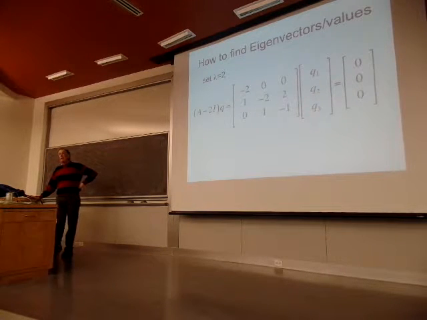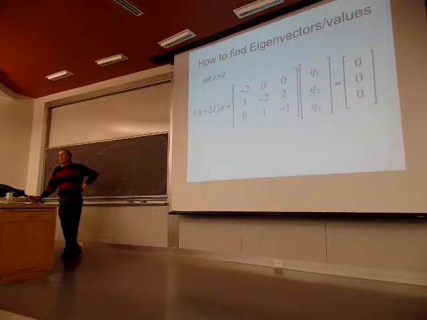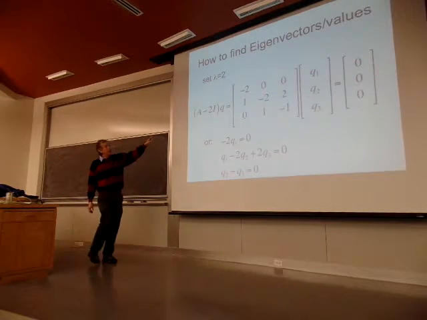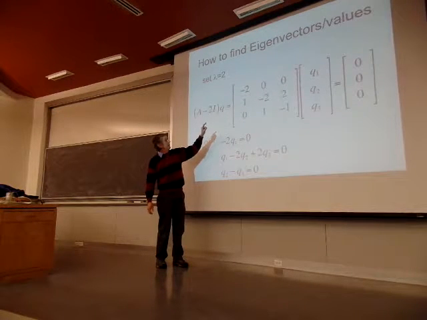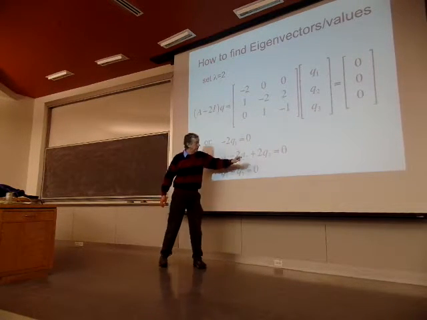So how do I solve for Q? Well, what I've written here is a set of linear equations, all equal to 0. So minus 2 times Q1 equals 0. Q1 minus Q2 plus 2Q3 must be 0.